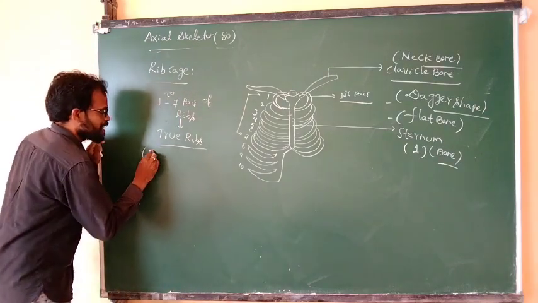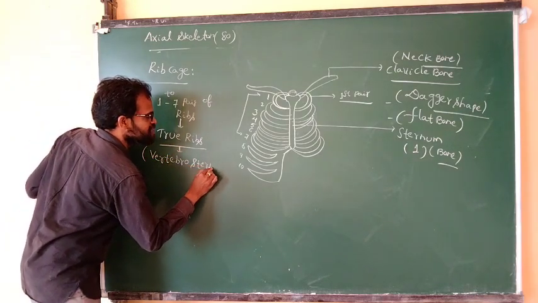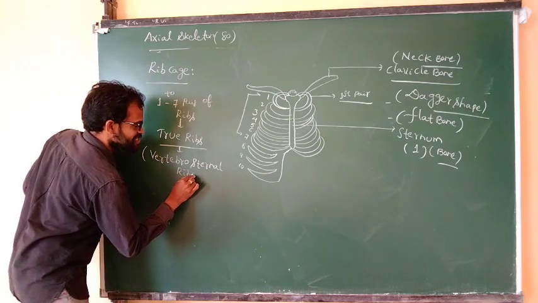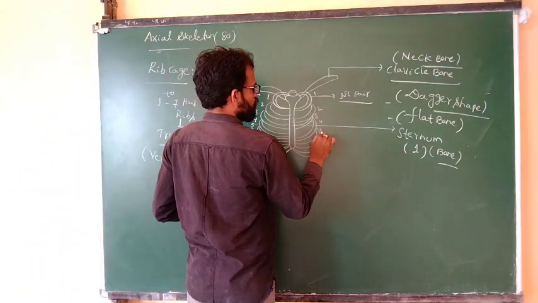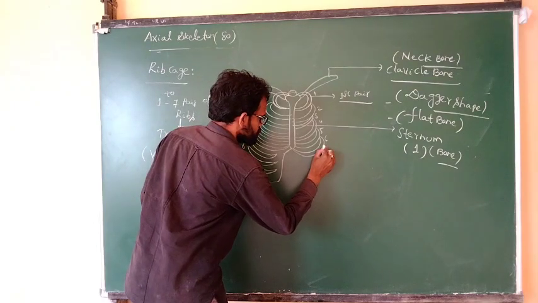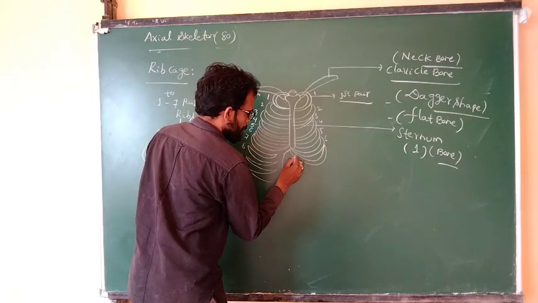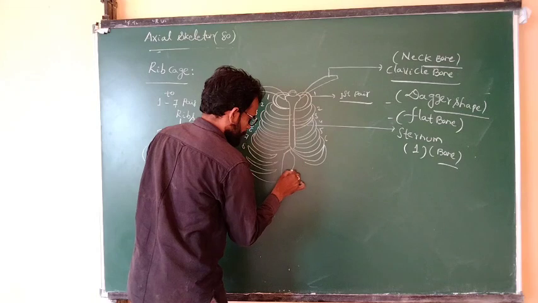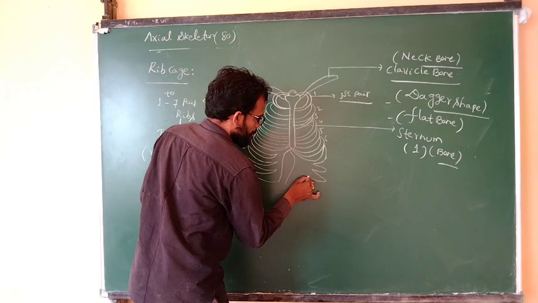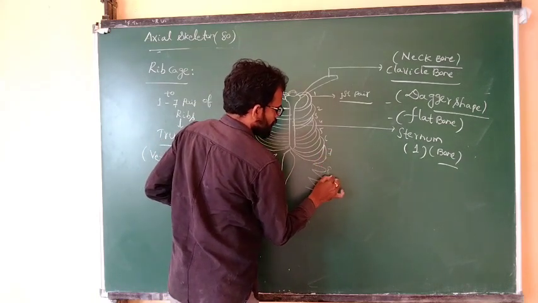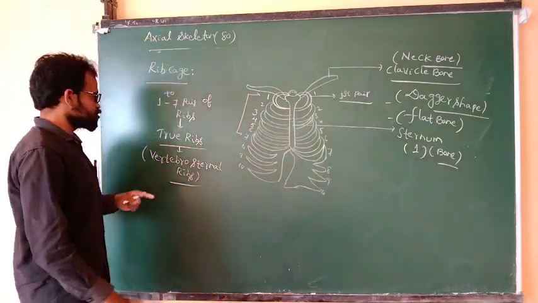True ribs means vertebrosternal ribs. 1 to 7 pair. 1, 2, 3, 4, 5, 6, see here, 7, 8, 9, 10. The 1 to 7 pair of ribs is known as true ribs.